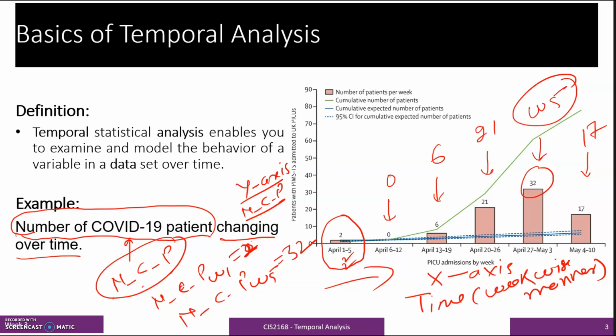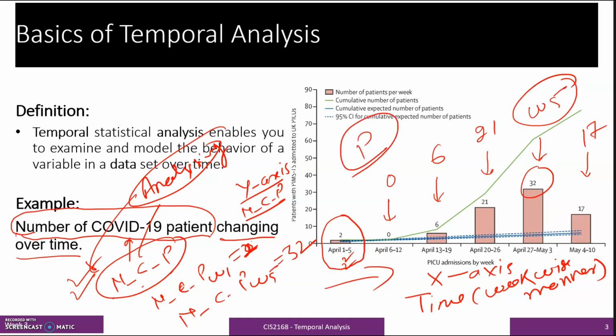So in this example, as I said, number of COVID-19 patients n_c_p is my variable, and what we are doing is analyzing the behavior of this variable, which is changing over time. In order to analyze this data, that is the data of patients, we can apply temporal analysis in this scenario.